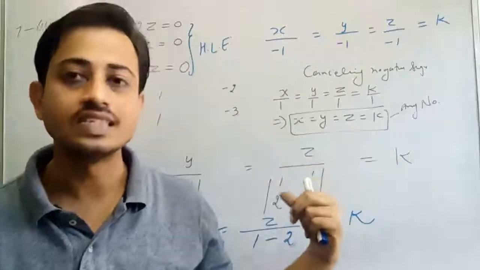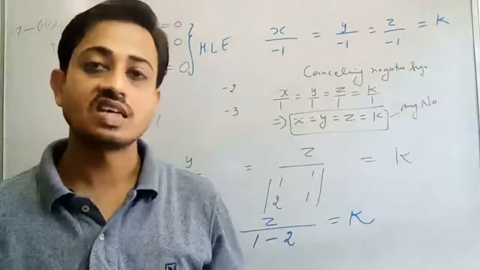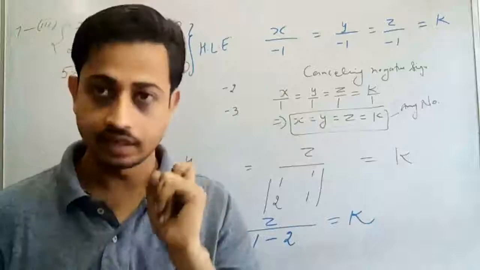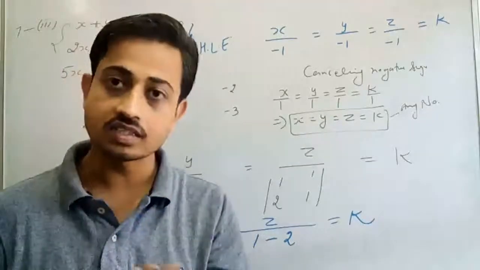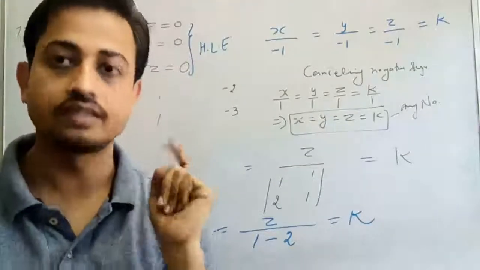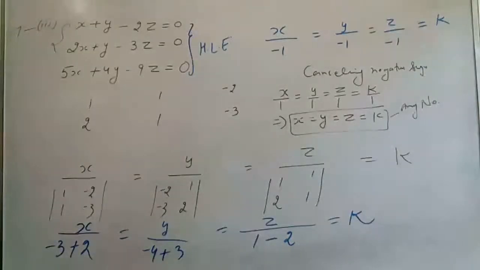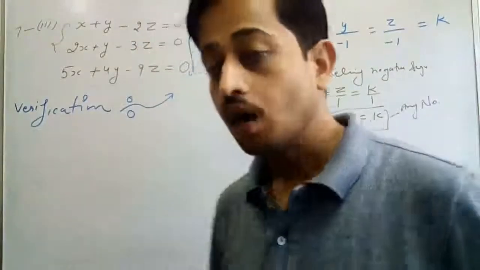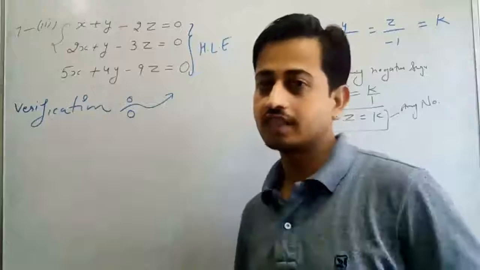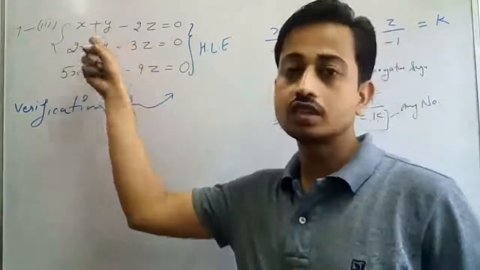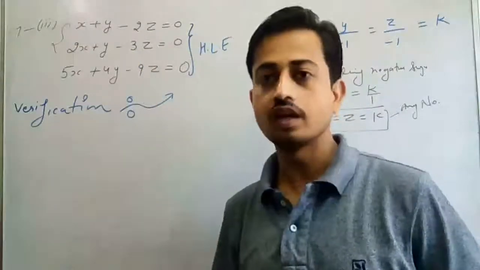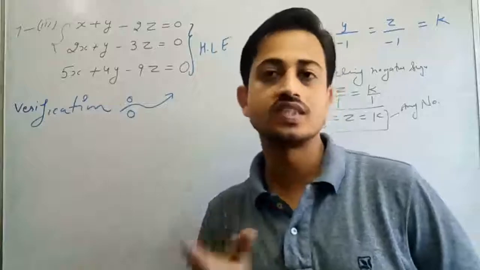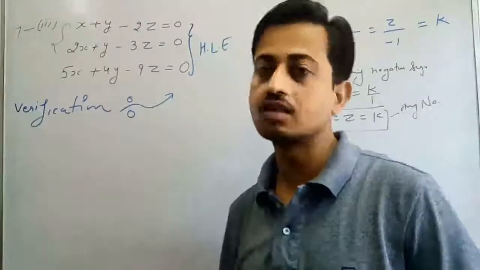It's very easy. Now third step, you also do verification. How we will do verification? So first you have to note it. Now how we do verification? We have used two equations, 1 and 2. Now put all the values of x, y, z in equation 3 to check the verification.